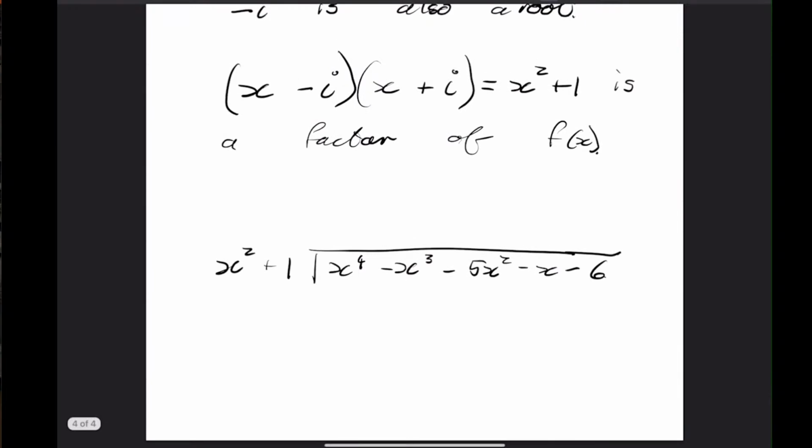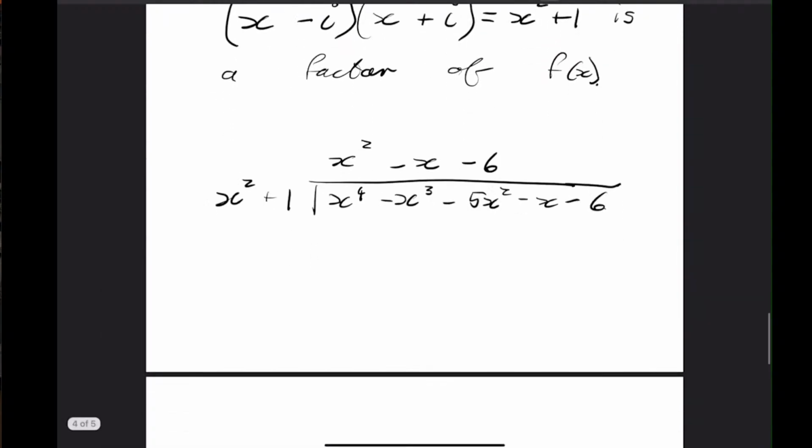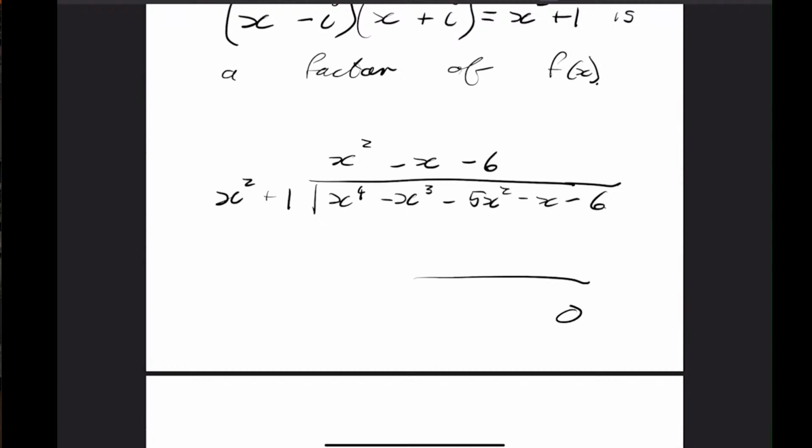Okay, now we can do our long division. Actually, we've done this long division on Friday. So take a look at Friday's lecture, the long division that we were invited to try at the beginning of the lecture. So we do our long division. We get a remainder of 0.